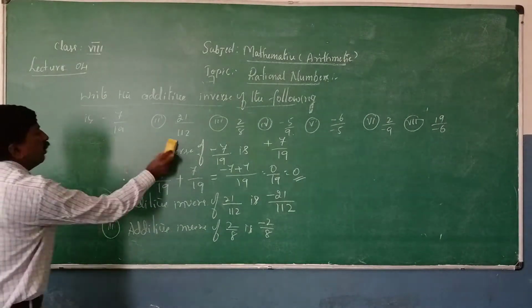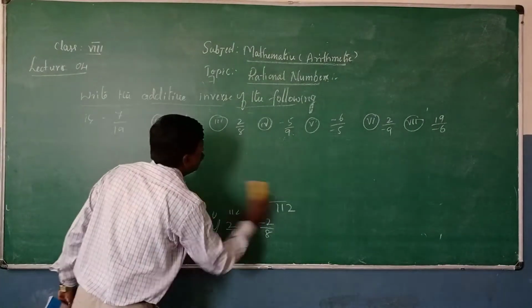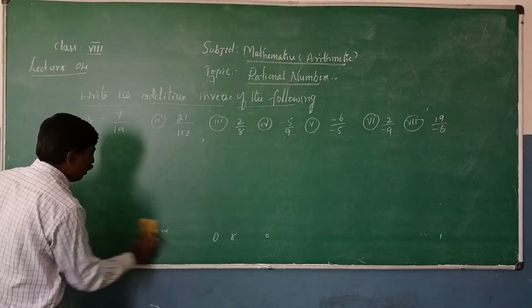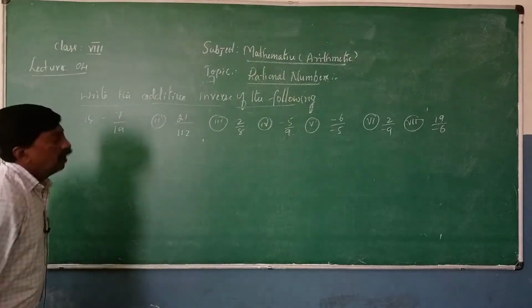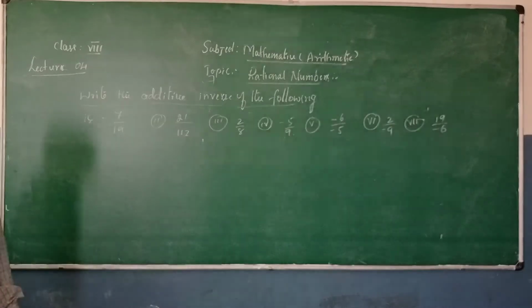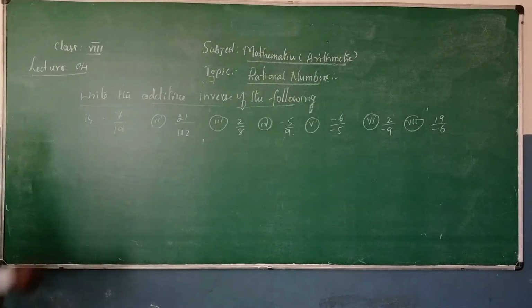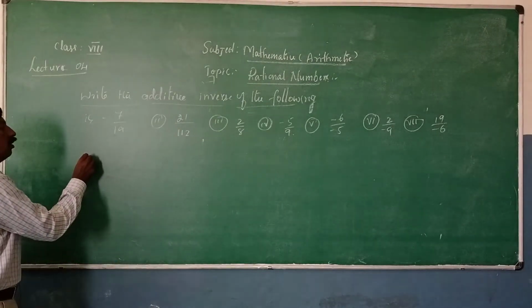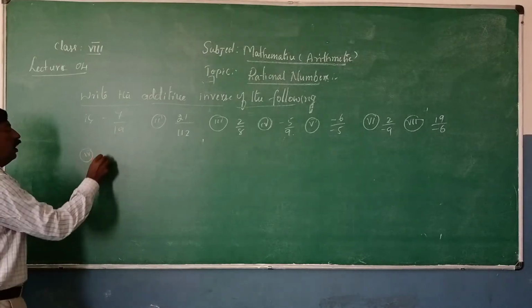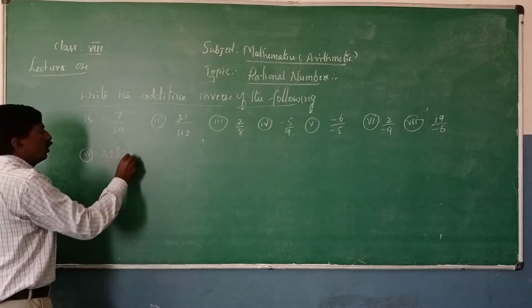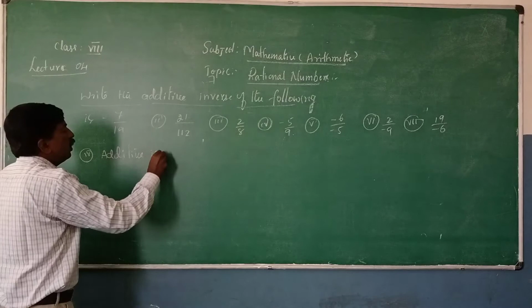In the same way, the fourth one. What is the additive inverse of minus 5 by 9?